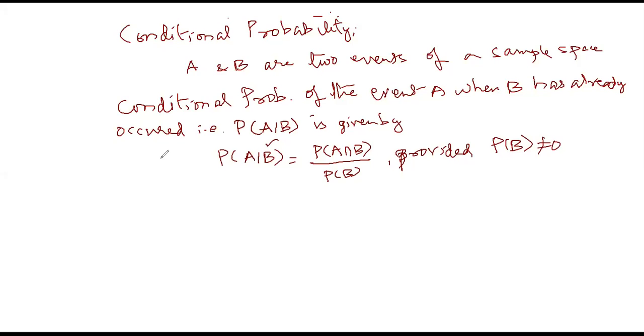Similarly, if we have to find the probability of B when A has already occurred, then it will be equal to probability of A intersection B divided by probability of A. So in the question, you can easily recognize which event has already occurred.